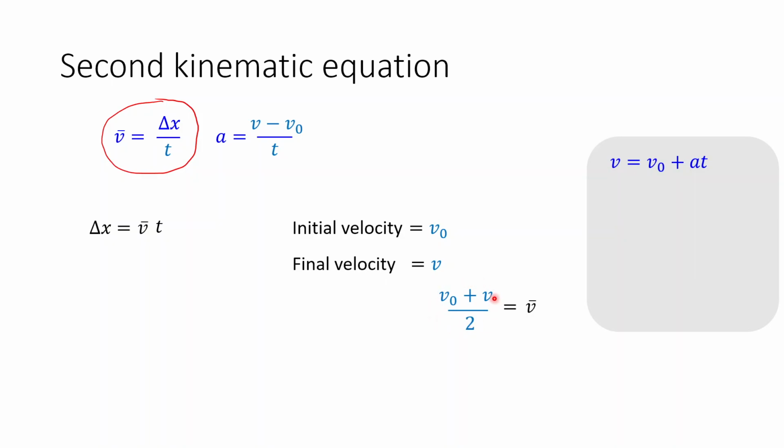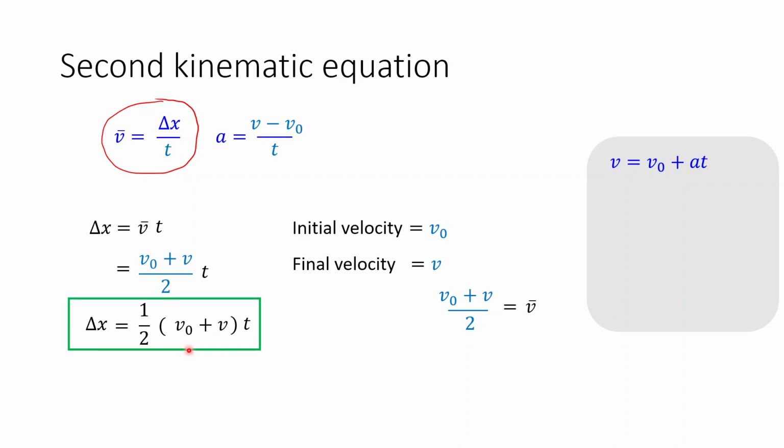Now substitute this for v bar. So this is equal to this times t. This you can write as 1 over 2 times v0 plus v times t. On the left hand side, there is delta x. This is the second kinematic equation.